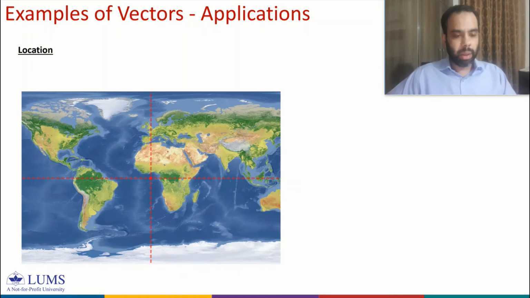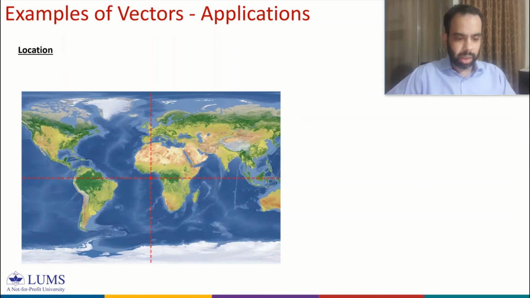So for example, the location anywhere on Earth can be represented using a coordinate system which we call the latitude longitude system. That is in fact a vector with respect to this coordinate system. So this point here is called the center, or this is 0 latitude, 0 longitude. And if you move along this y-axis, you move towards north in degrees.